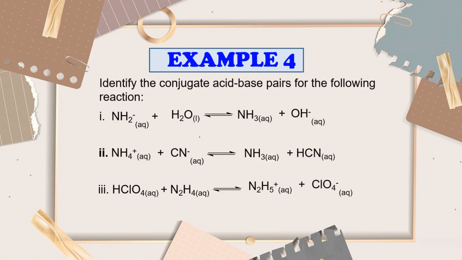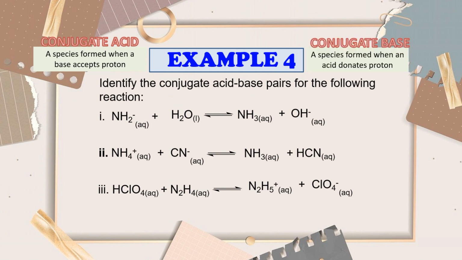Next, identify the conjugate acid-base pairs for the following reactions. Let's recap: conjugate acid is the species formed when a base accepts a proton, whereas conjugate base refers to the acid that donated a proton.